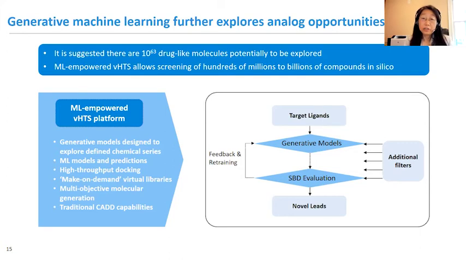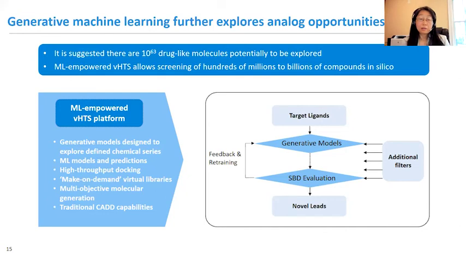So this is an iterative process. Once we have the target chemotype, we can generate analogs using deep learning methods using that initial lead and submit the outcomes from those generative models to downstream evaluations, which could include structure-based screening and other ligand-based approaches.